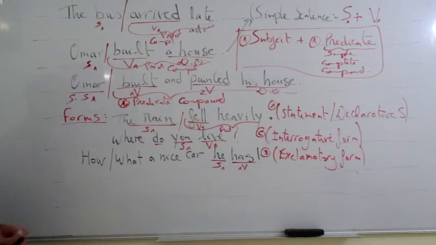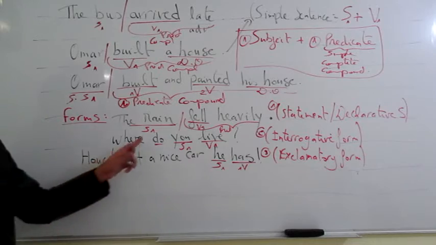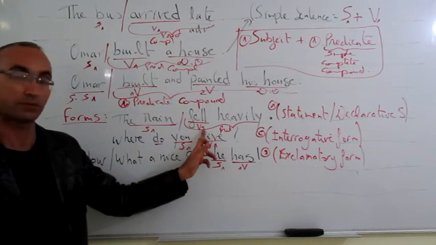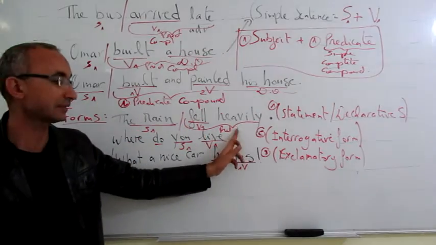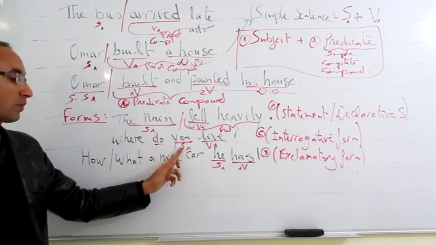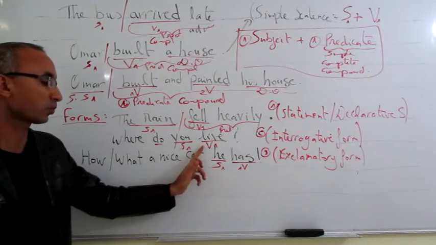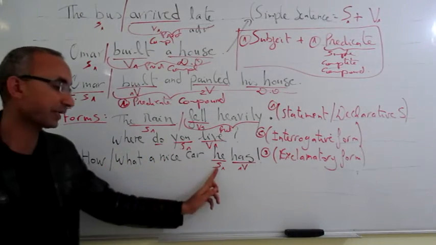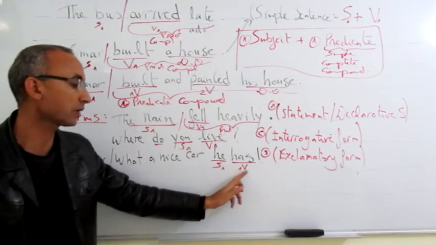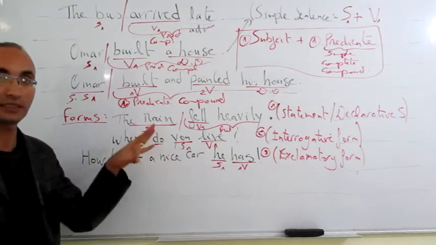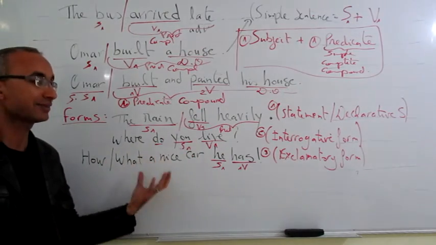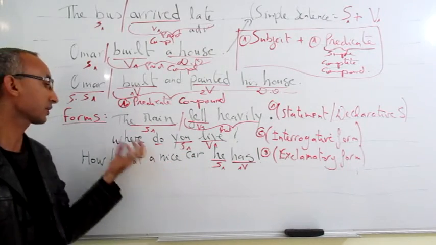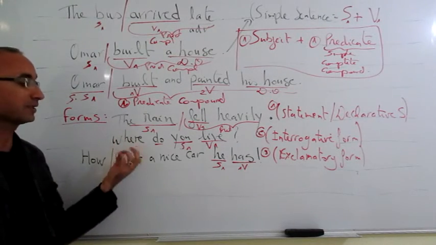One subject, one verb, within one predicate. It is simple. So all of them are simple sentences, and these are the forms of the English simple sentence.